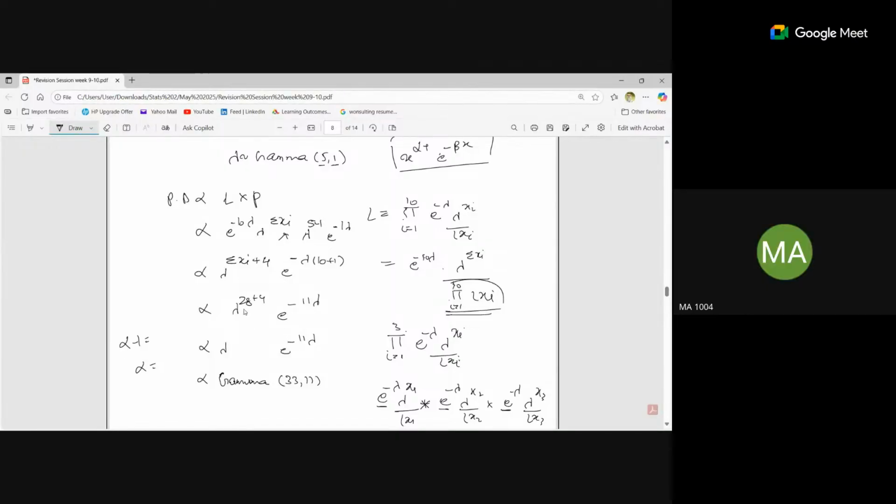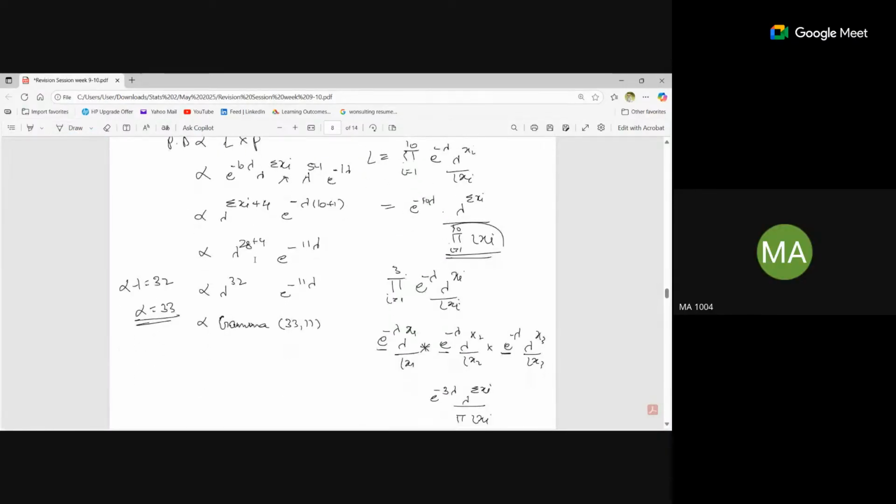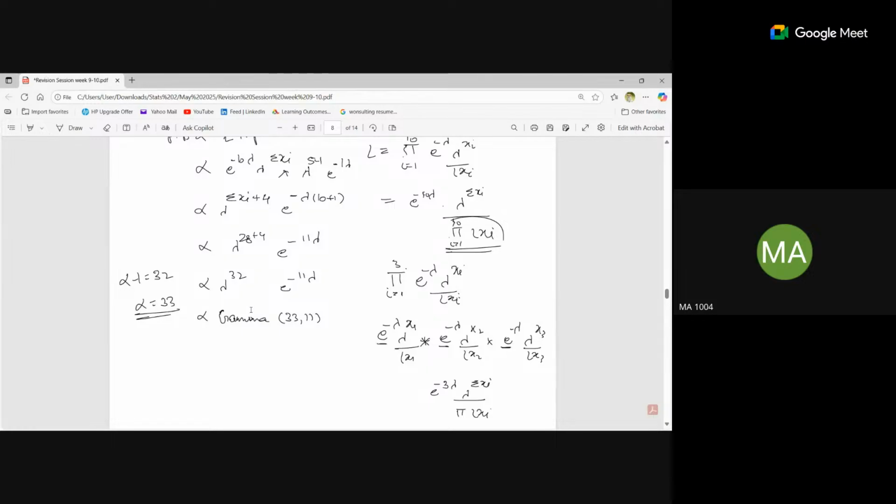So my 28 plus 4 would be 32, right? Yes, ma'am. So now this 32 is equal to alpha minus 1. So my alpha would be 33. Now is it fine? Yes, ma'am. Okay. Now you got the point how we got Gamma 33, 11. This solution is clear till here.